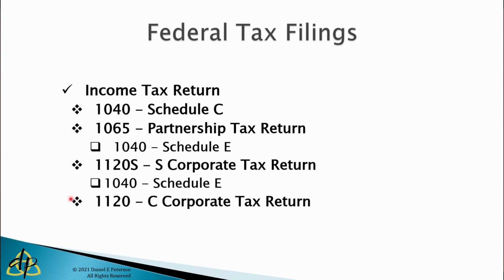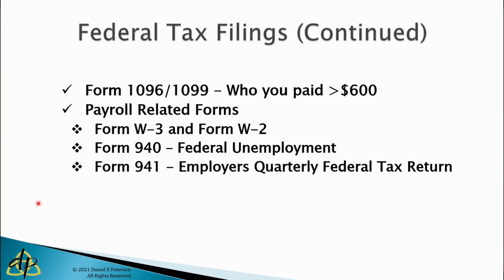In addition, there are some other federal tax filings that you need to be aware of that you'll be responsible for when you're in a trade or business. If you pay anyone more than $600, you're required to issue them a 1099. This last year they changed the forms from a 1099-MISC to a 1099-NEC for those independent contractors, and retained the 1099-MISC for other types of payments.